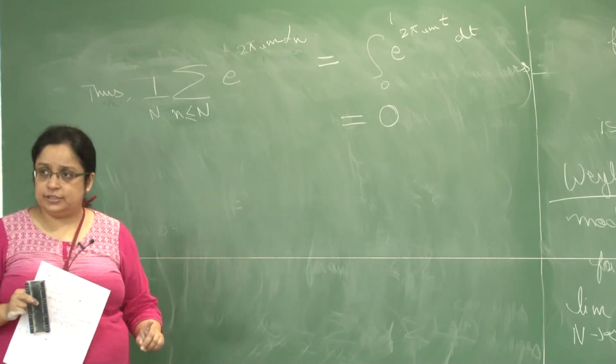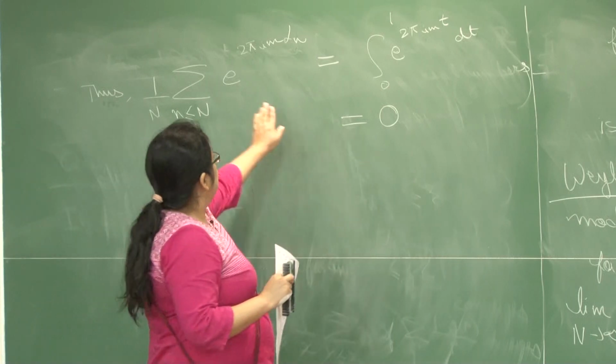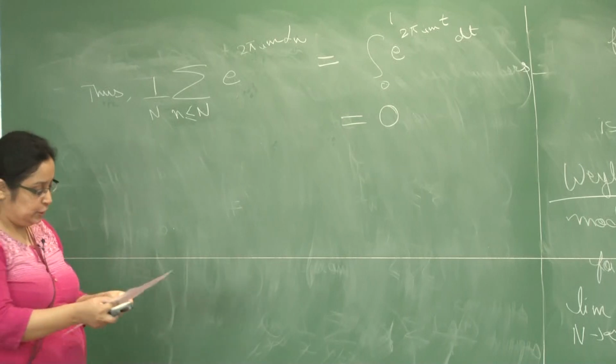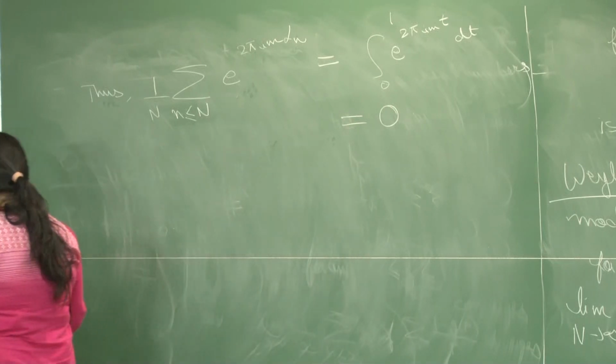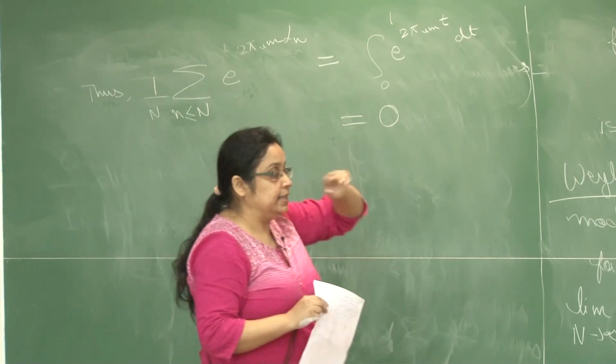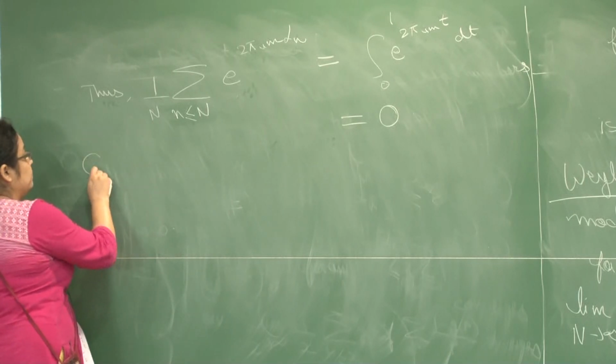Now, what about the converse? The converse is harder. Converse meaning you have been given this condition and you have to show something. So, what are you given? This part I am going to leave as an exercise, but let us at least discuss what we know and what we have to show.